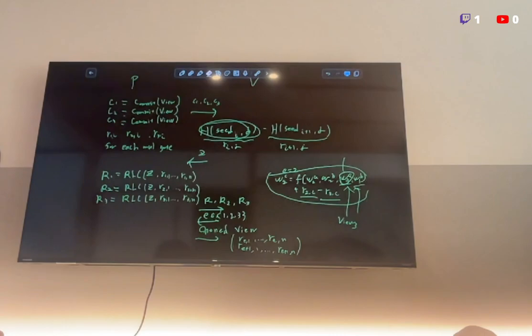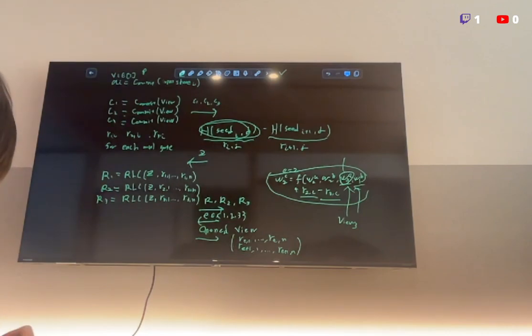So the point is, for each input share, we send the input share commitment, and send the randomness.